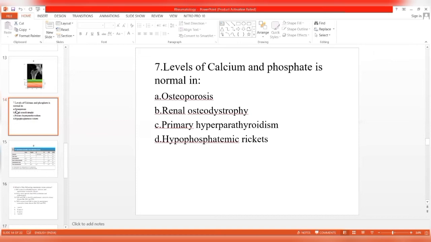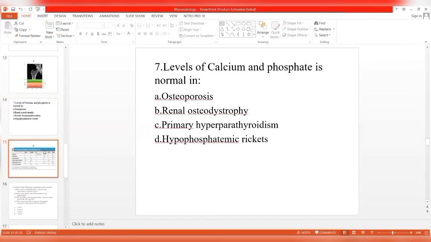In menopausal females, due to deficiency of estrogen, there will be resorption of calcium and phosphate from the bones. But what happens in the serum or blood? Calcium and phosphate is normal. You understand? In renal osteodystrophy, it is not normal. Primary hyperparathyroidism, no. Hypophosphatemic rickets, again no. But it is normal in case of osteoporosis.